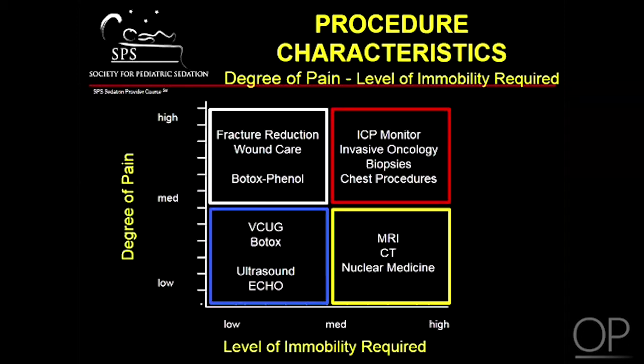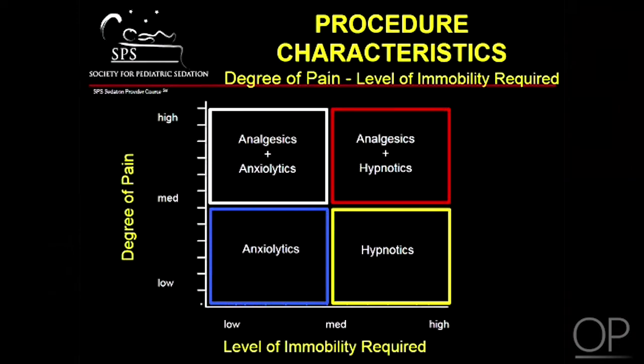The procedures typically require deep sedation, if not general anesthesia, and may be achieved more effectively and safely by combining sedative agents and taking advantage of the additive or synergistic effects that some of these drugs may have when used together. Replacing the types of procedure in each category with the type of sedative drugs typically effective for these procedures can provide a helpful framework.